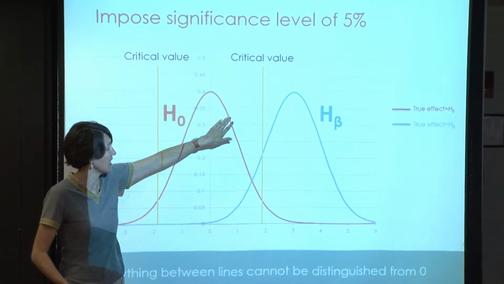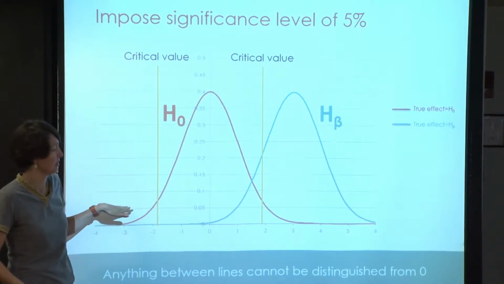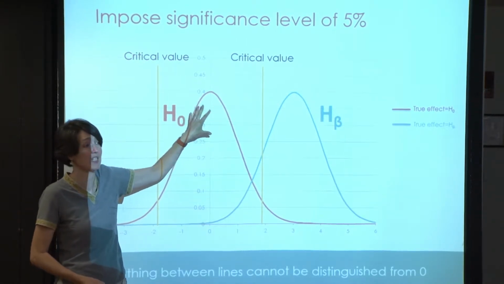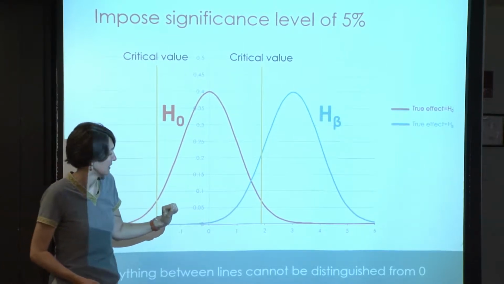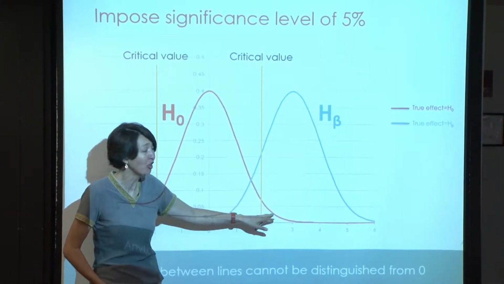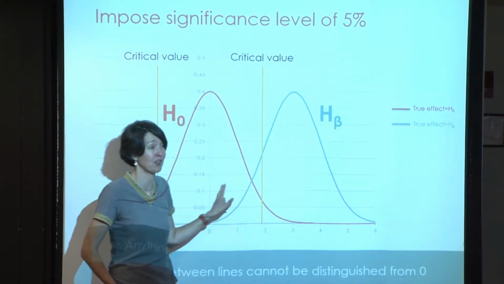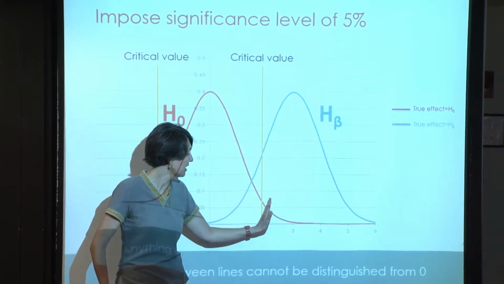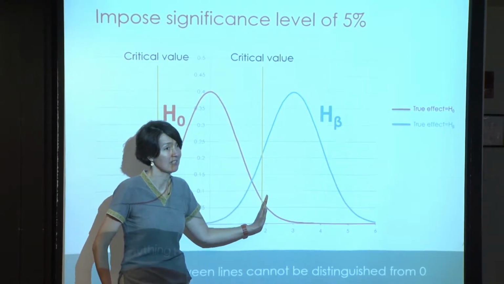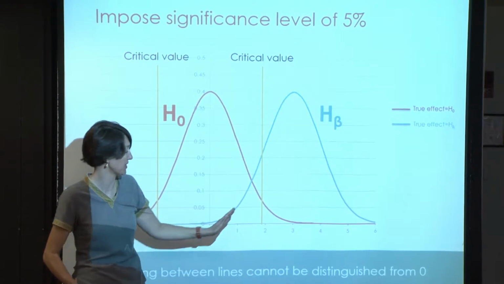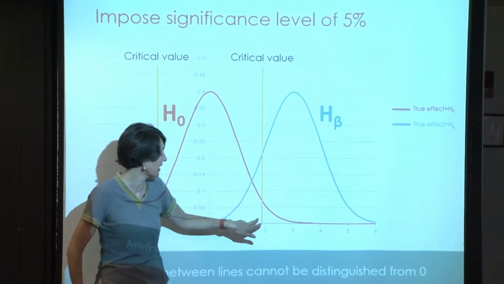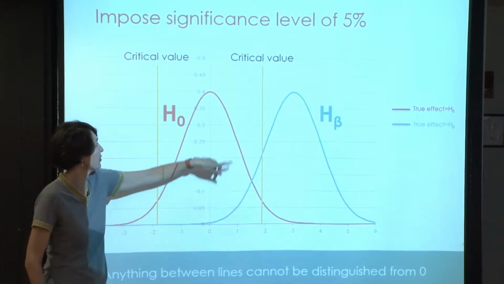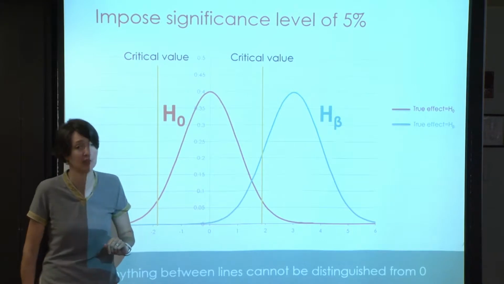So this is the distribution of estimates where the true finding is that there's no effect. And you could get some very high estimates even though the true effect was 0, but those are really improbable. So we're going to say anything above this line has only a 5% likelihood of coming from the distribution of estimates where the true effect is 0.